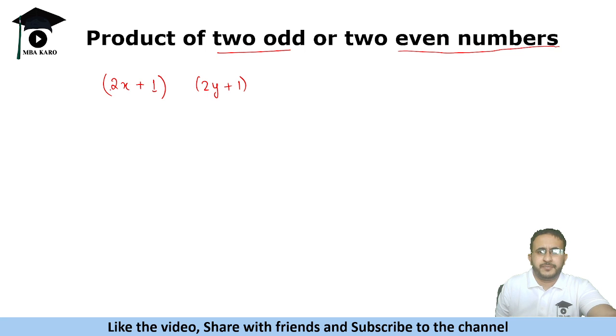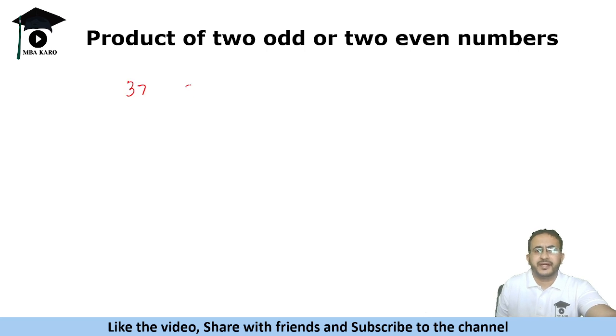So it's better to understand through numbers, because algebraically it will be difficult for you to understand. So let's say we have to multiply 37 and 33. Now if I see the central number, it is 35, right? The central number will be an integer, so I can do it 35 plus 2 into 35 minus 2.